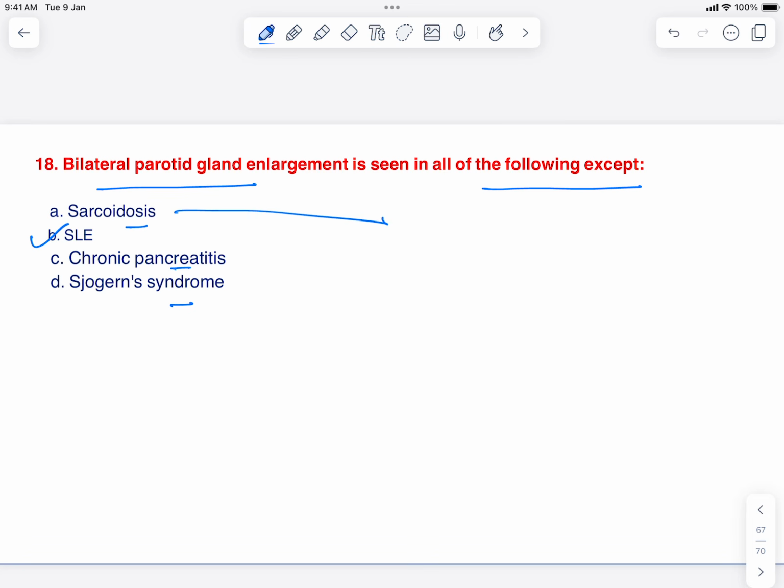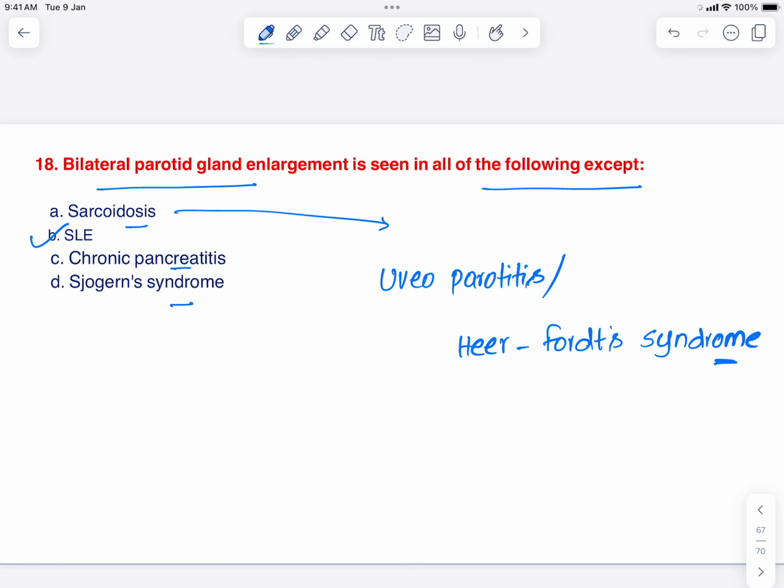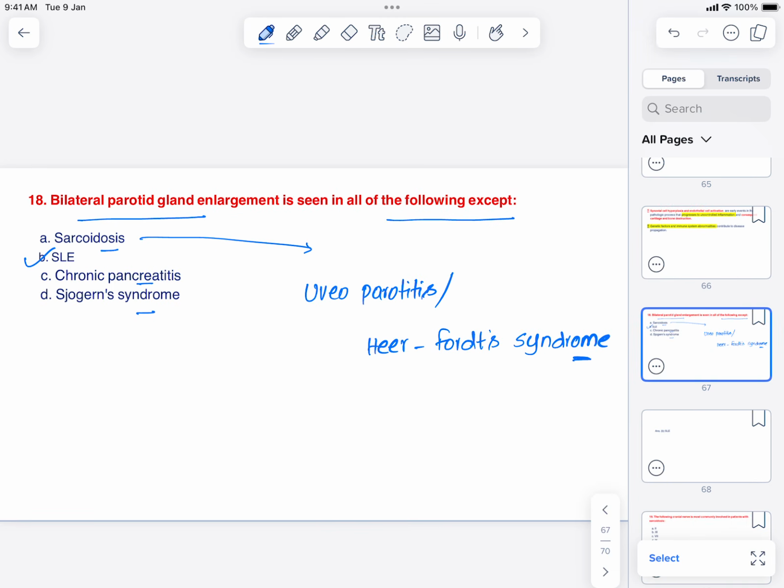And that bilateral parotid enlargement in patients with sarcoidosis is also called the Heerfordt syndrome. All right, so that is about your condition where the parotid gland enlargement is not observed. Next question.